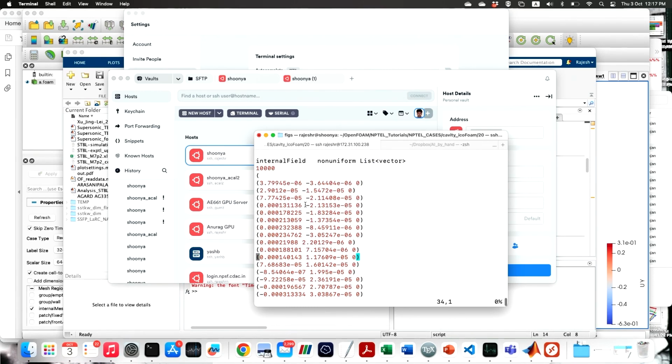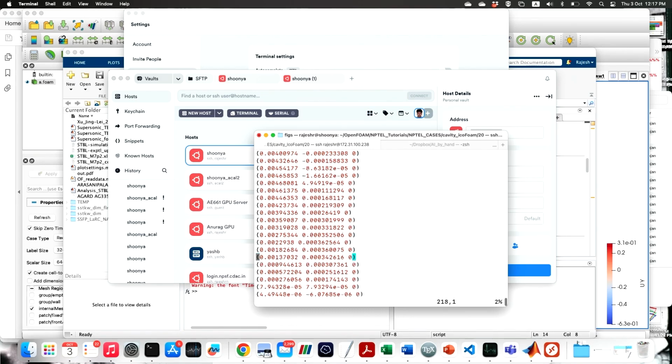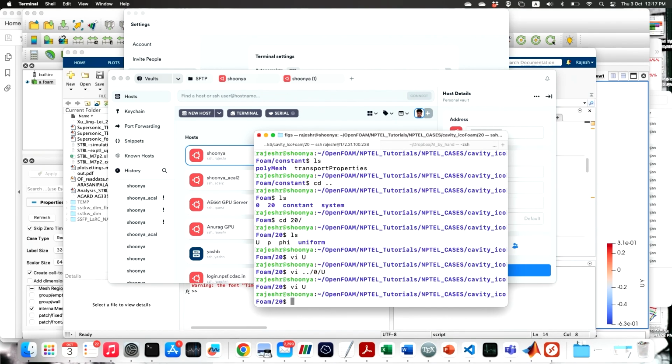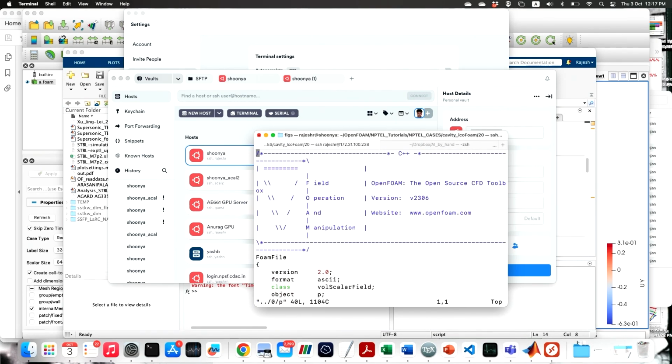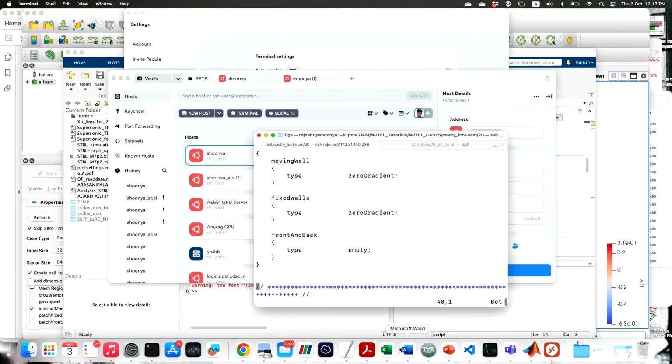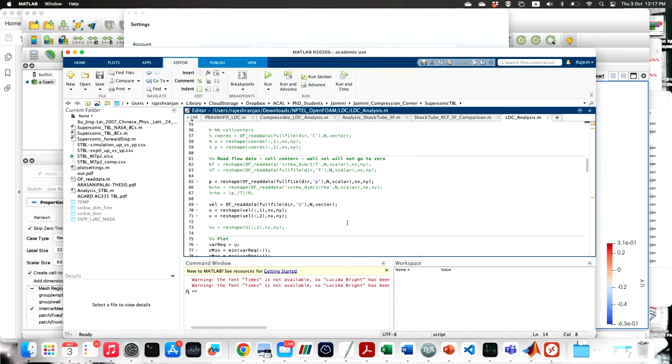Every point, of the 10,000 points, is giving a velocity field: the u velocity, v velocity, and the w velocity, right. w will show 0 because we are not considering any variation in the third direction, right. So we are opening the velocity and the pressure using this MATLAB code.